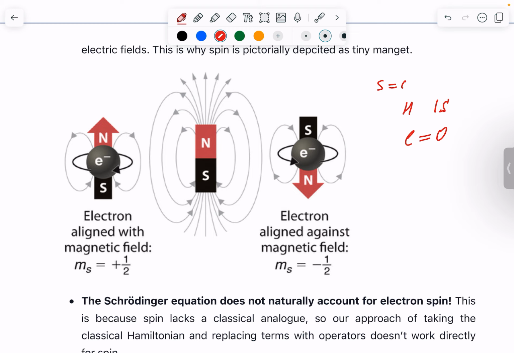That just shows that there is something more than the classical source of magnetism in atoms and electrons. There is more than what can be described by the angular momentum.